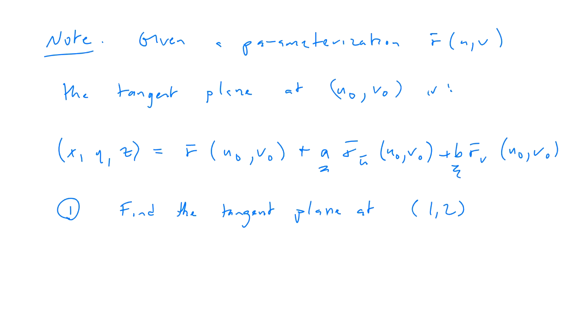So what we need is to know what happens if I plug 1, 2 into the original function, which unfortunately I don't have, but hopefully you have in your notes, it's problem 1. The function was u squared plus v squared, comma, u, comma, v. So therefore this will be equal to 5, 1, and 2.